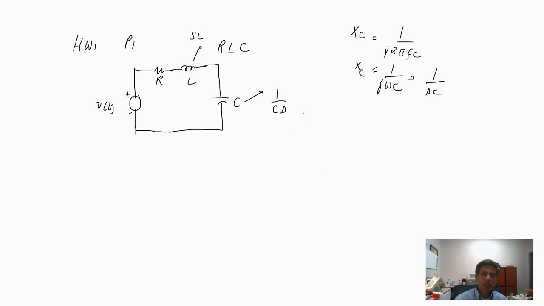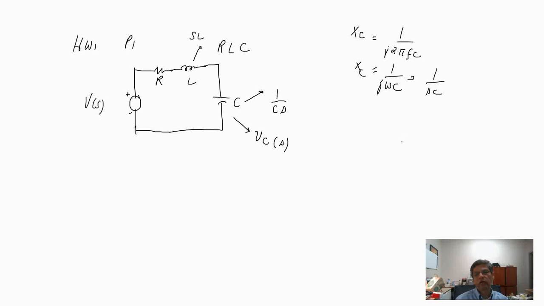Now we have a series circuit, so we are going to write an equation in the S domain. Now remember this V of t, instead of writing V of t, let me erase this and write it totally in the S domain. So this is going to be V of S. And we are going to call the voltage across the capacitor Vc of S. So the goal right now is to find the transfer function.